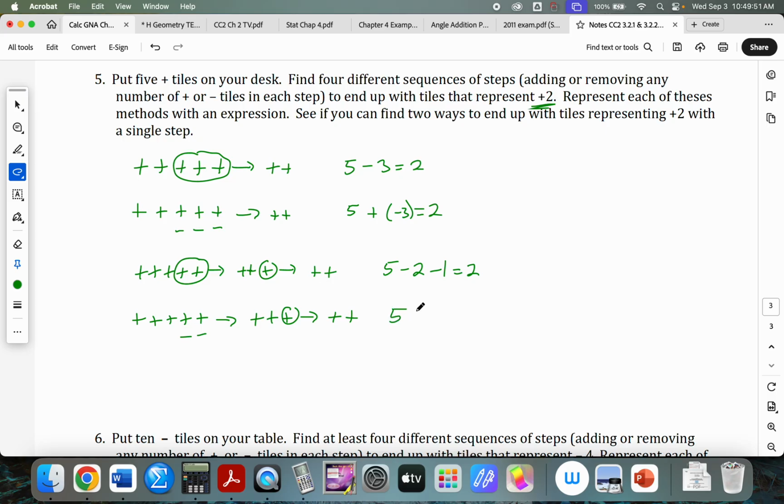So that'd be 5 plus negative 2 minus 1. But I want you to kind of focus on these. Do you see how those 2 are exactly the same thing? Subtracting 3 and adding negative 3 are the same thing.